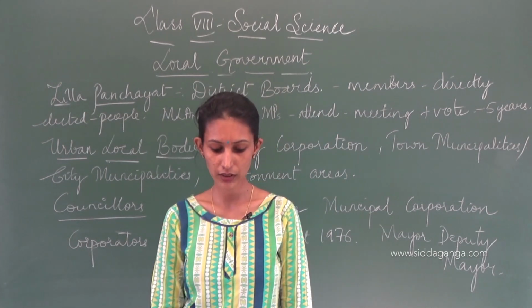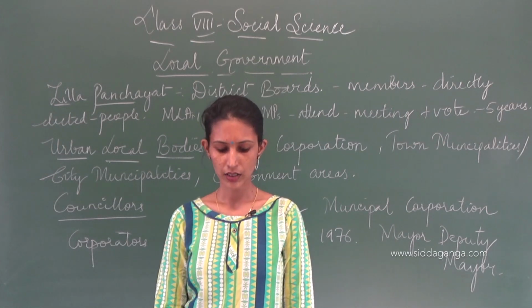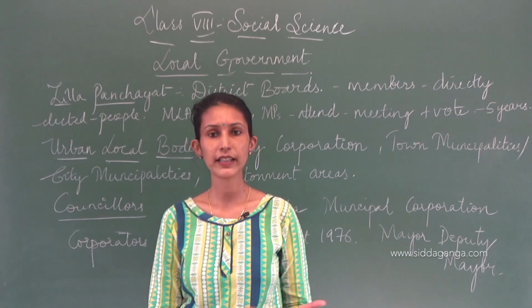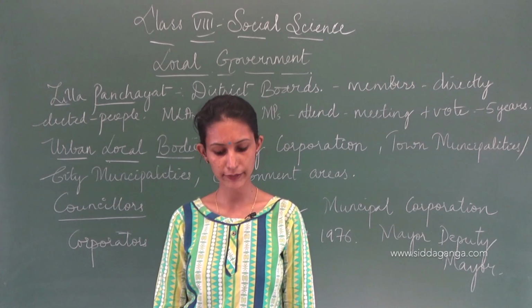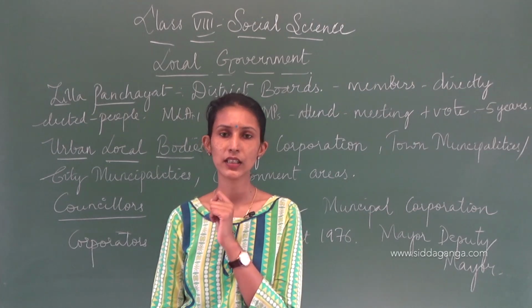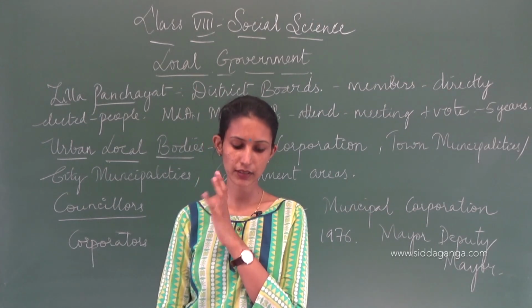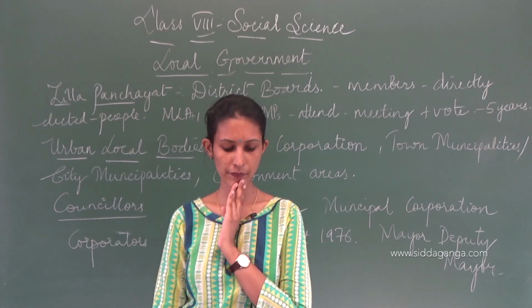The commissioner is the real executive of the city corporation. Generally he is an IAS officer. He is appointed by the state government for a term of 3 years. An IAS officer, he or she is the chief, the commissioner or the executive of the city corporation.